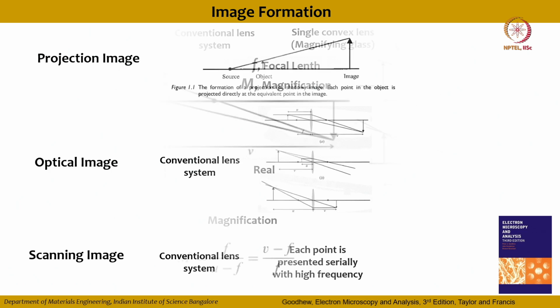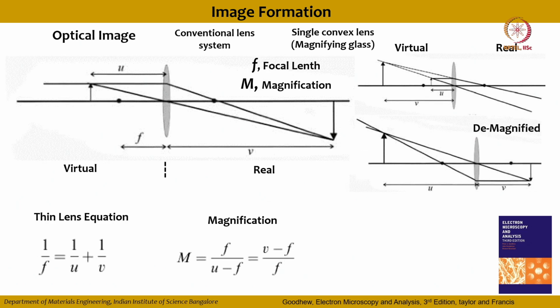Now, here I am showing you a typical optical system. So here the ray diagram shows the concept of focal length and magnification. Okay, based on the position of the object, this is your object.